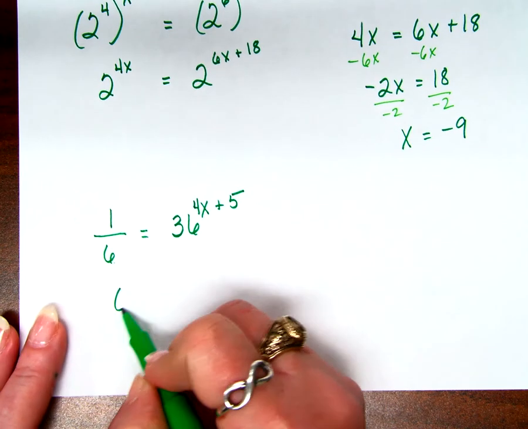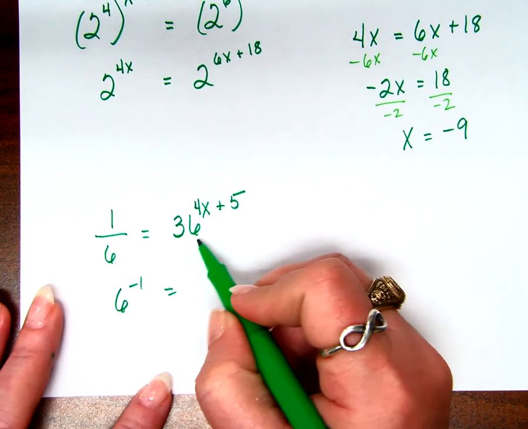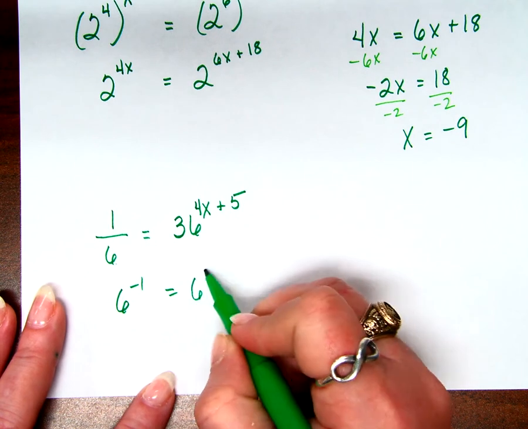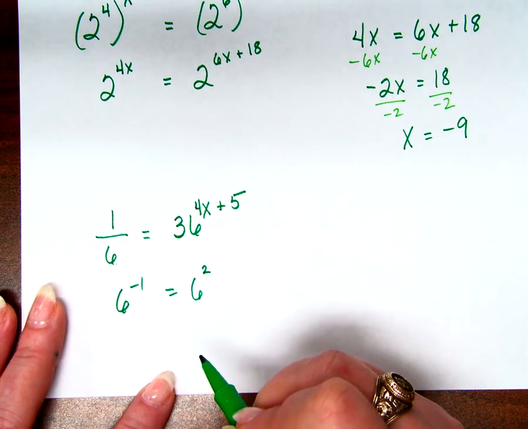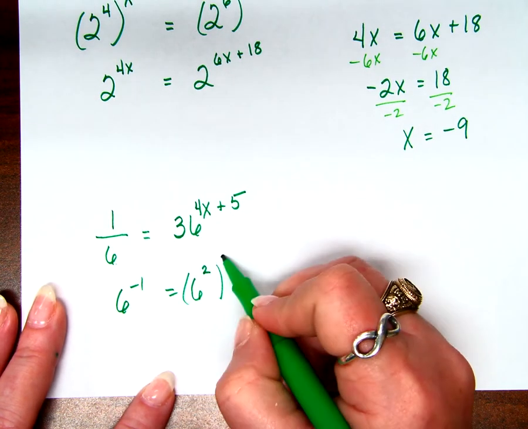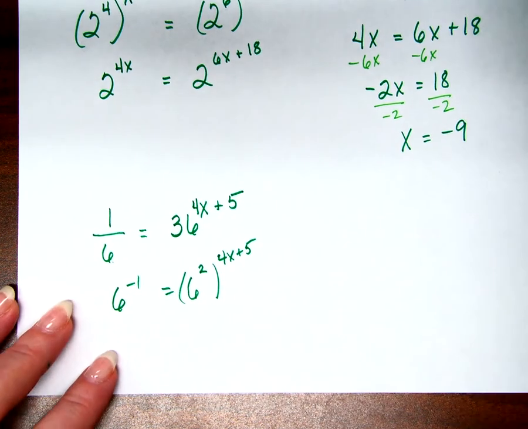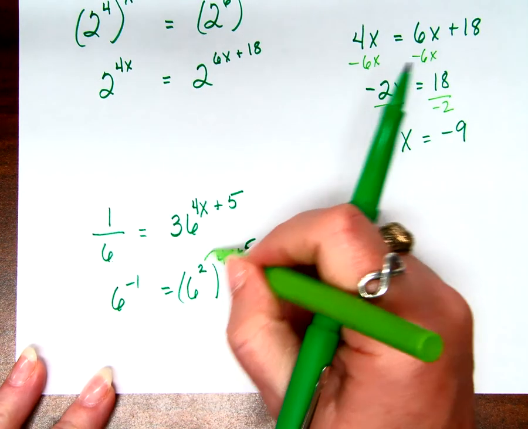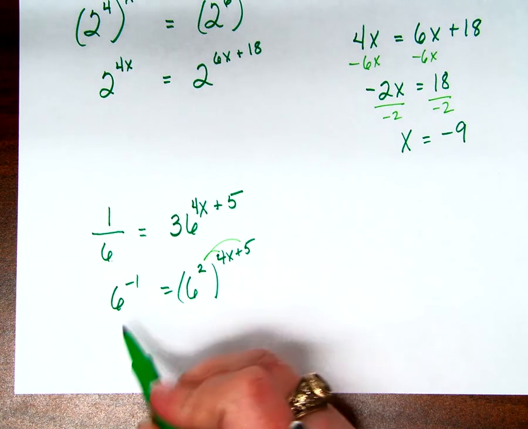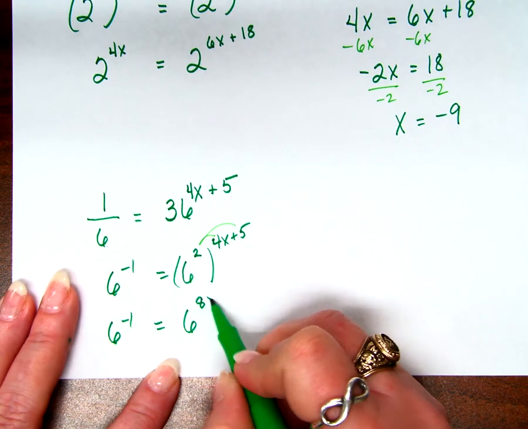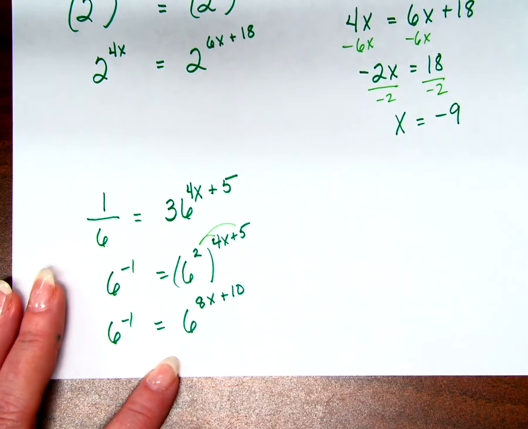So 6 to the negative 1 equals, what's 36 as a base of 6? 6 squared, right? 4x plus 5. Everybody okay with that? Okay, 2 people, excellent. So here, I do that, right? So I have 6 to the negative 1 equals 6 to the 8x plus 10.